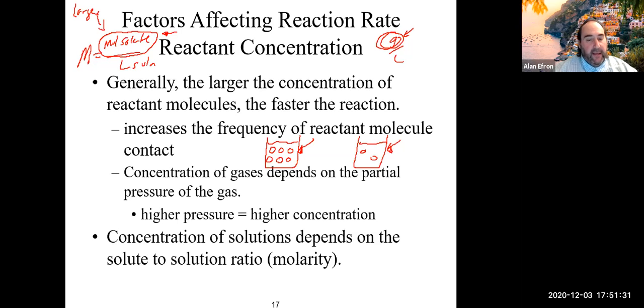So again, the larger the concentration, the higher frequency of everybody coming in contact with each other. Concentration of gases does depend on the pressure of the gas. If we have higher pressure, we typically have a higher concentration.